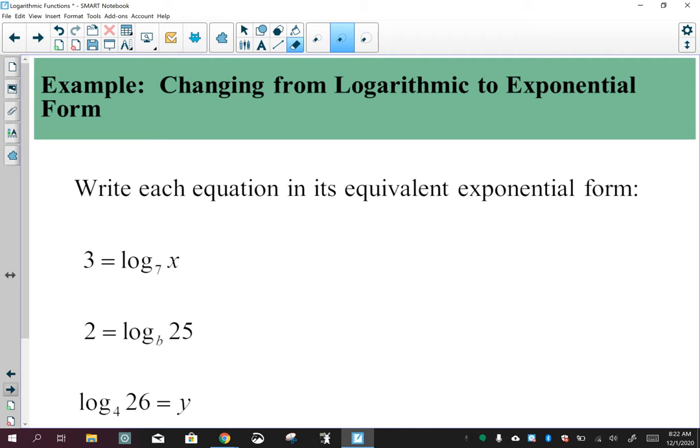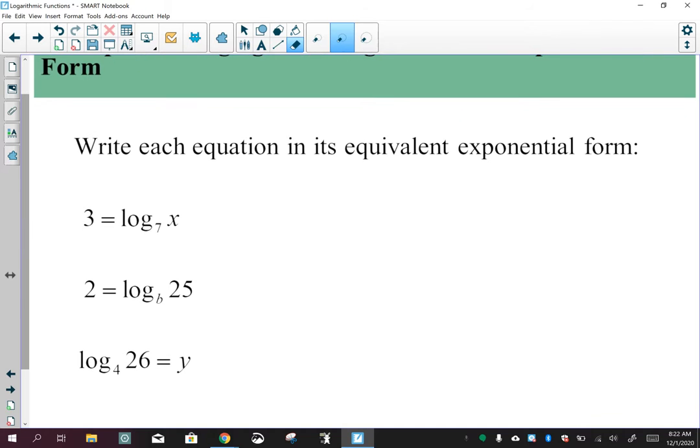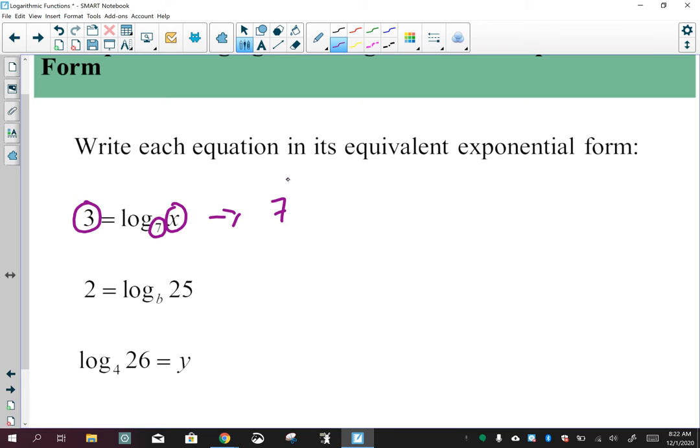So what I want to do is I want to take each one of these and I want to change these into exponential forms. So I notice that this is my base here. That is the exponent, and this is what I'm going to be equaling. So I rewrite this as 7 to the third equals x.